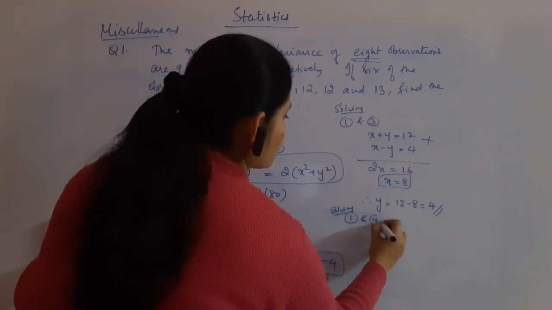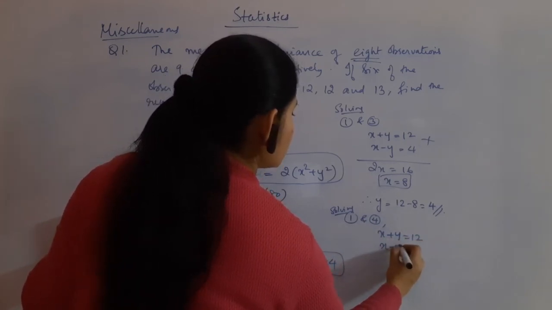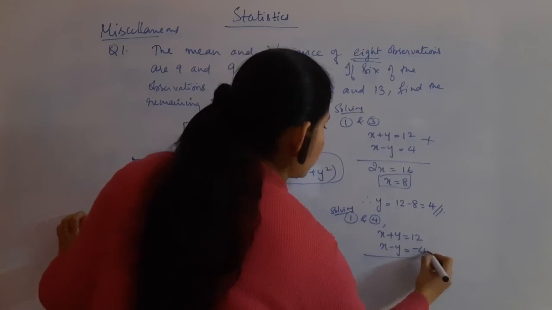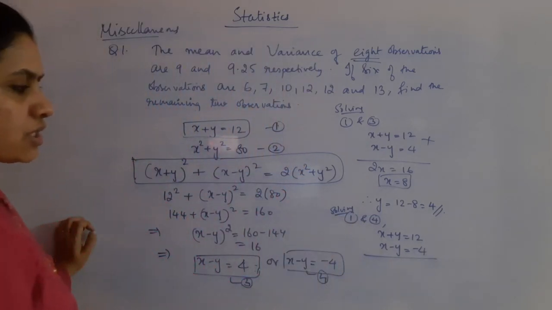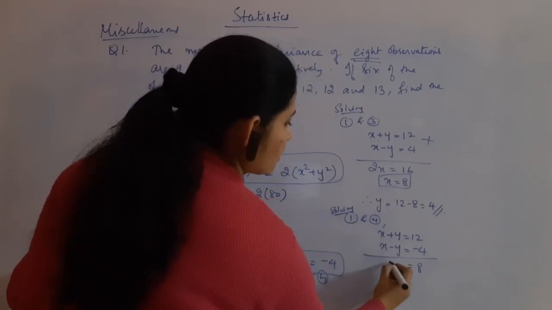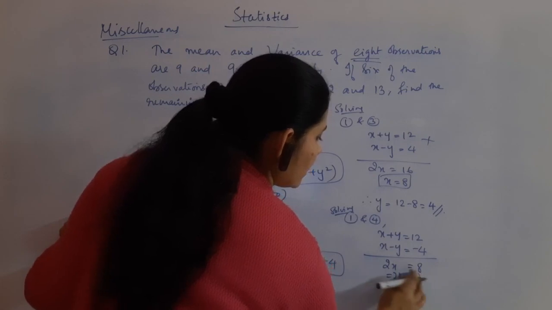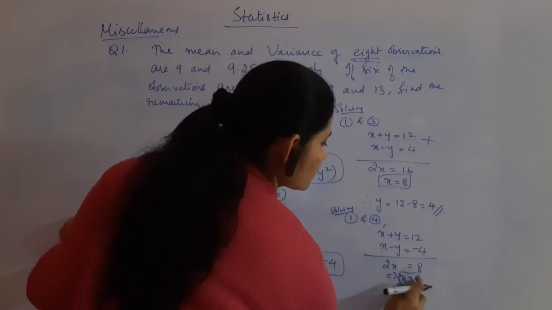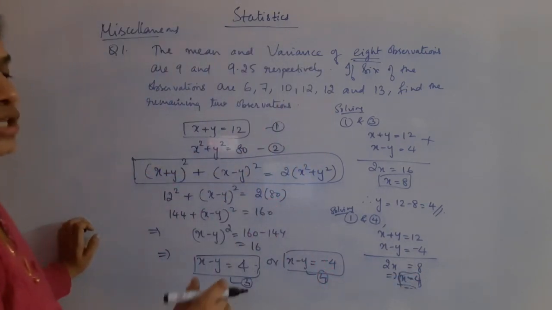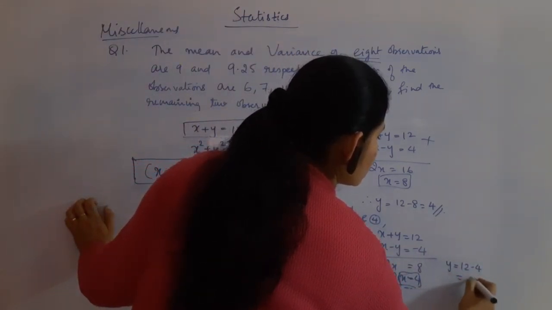1 and 4 also. So you will have x plus y equal to 12 and x minus y is equal to minus 4. Again, if you add, what are you getting? This will give you 8. Here you will get 2x. That means x is giving you 4 here. Okay. So x is 4 means what? If x is 4, you will get y as 12 minus 4, which is 8.